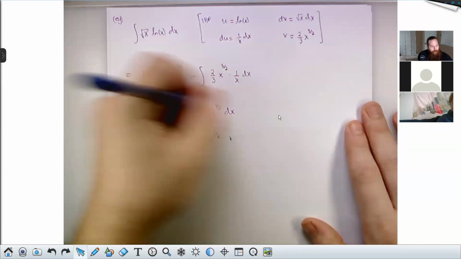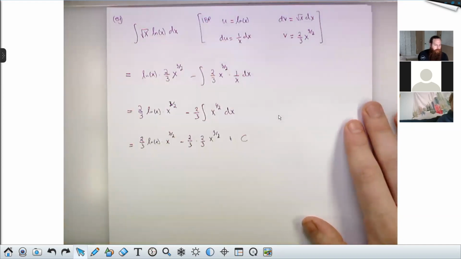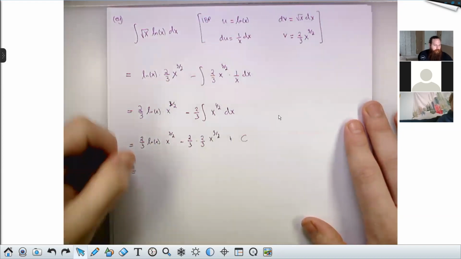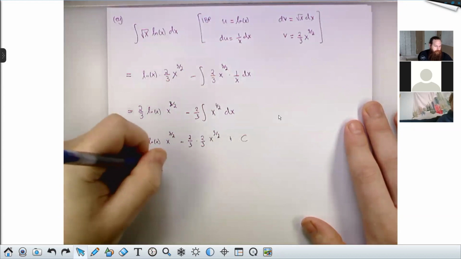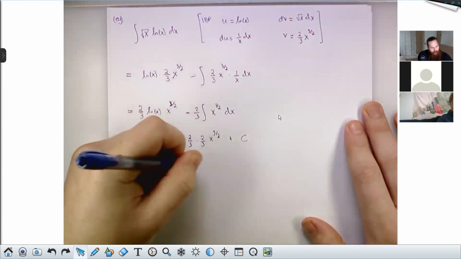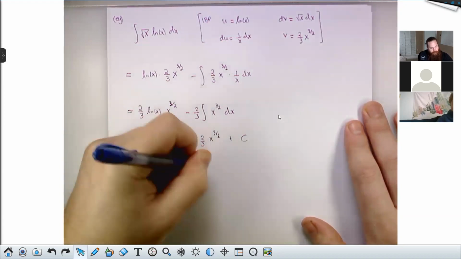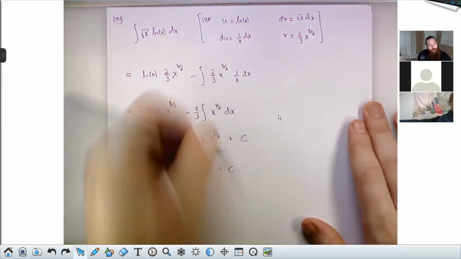And now, because there are no more integrals, I slap on my plus c. And we can clean it up a little bit. Like this.